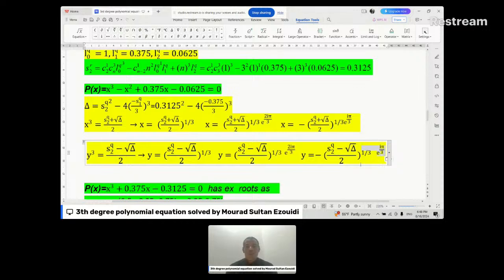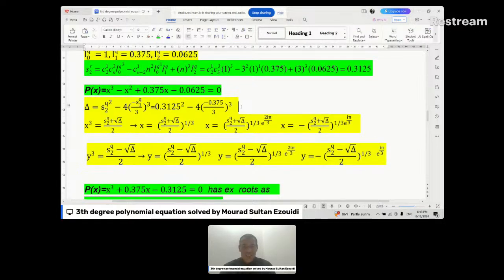Therefore, learners, you see how to solve this kind of question. Now suppose that z equals x plus y. Therefore, the roots of z are the sums of x plus y.